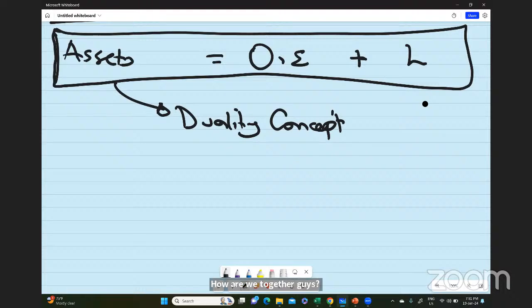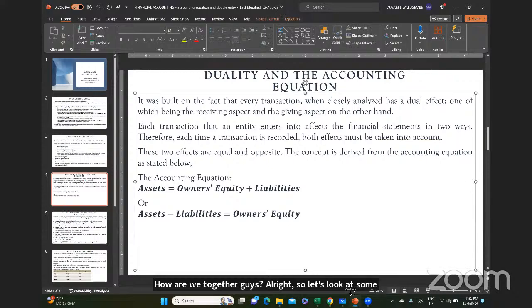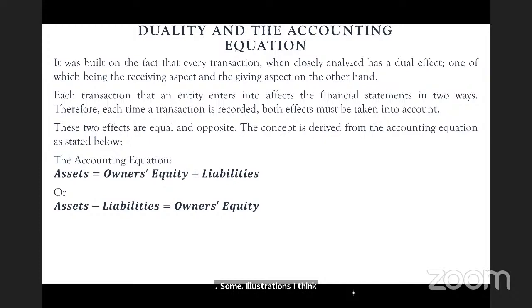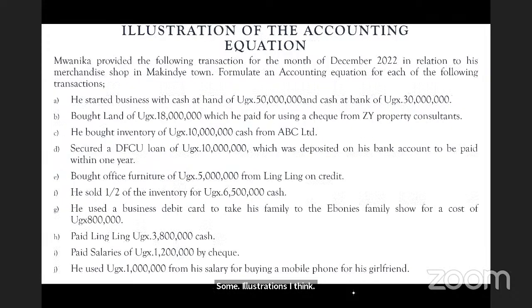So let's look at some illustrations. We are going to use this illustration here. It has quite a number of transactions. We want to come up with the accounting equation depicting each of those transactions, to see how the concept of duality can be applied in the accounting equation.